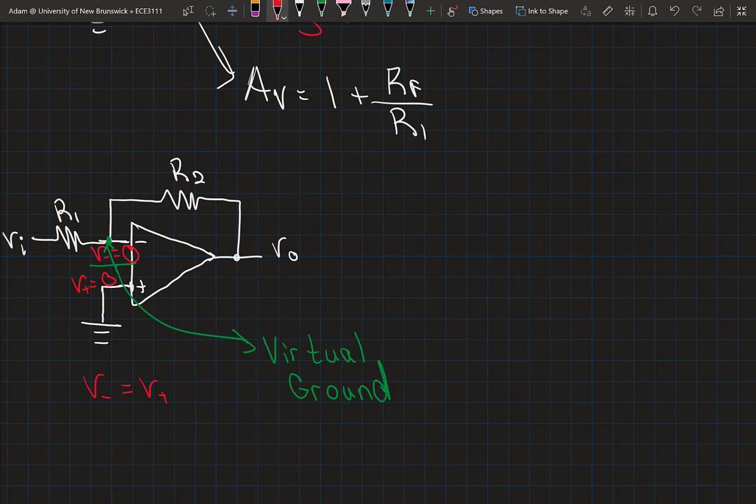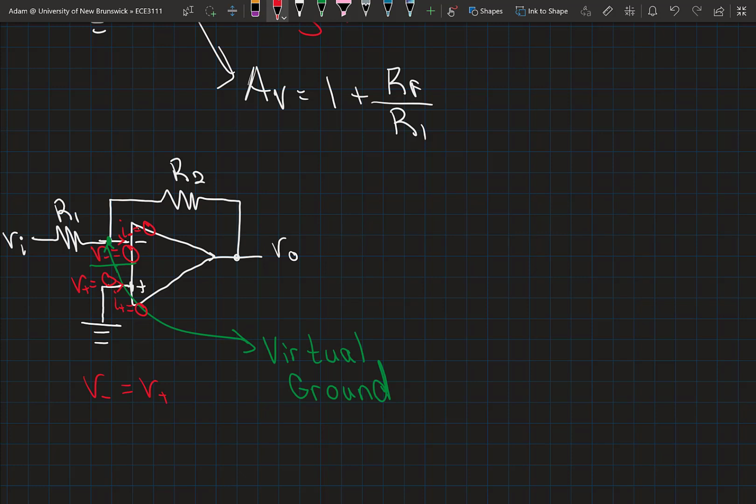So that's an interesting discovery. We know that the current flowing into the non-inverting terminal is 0. The current flowing into the inverting terminal is also 0 because of our infinite input resistance.